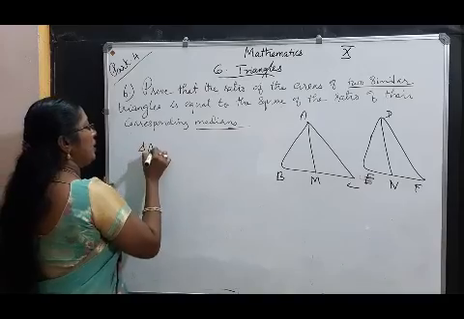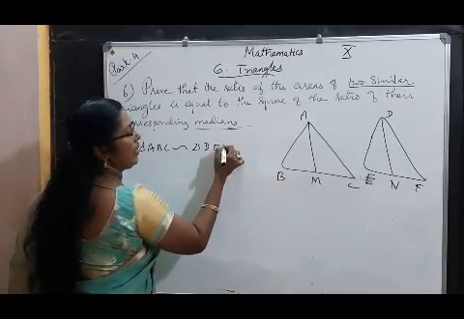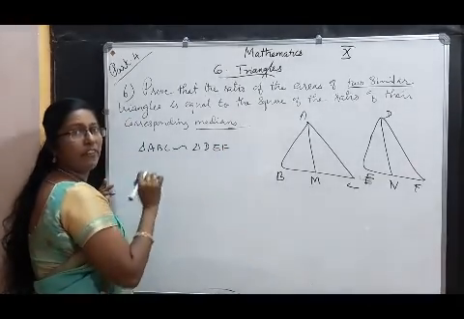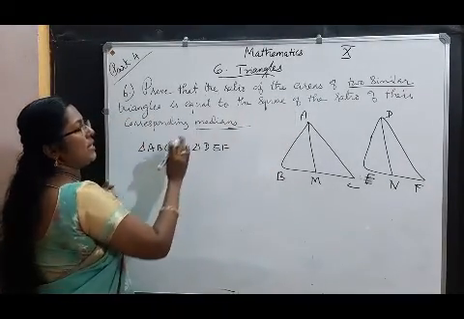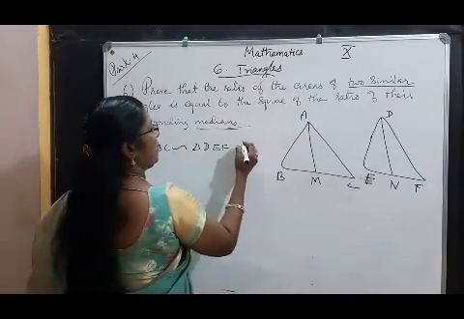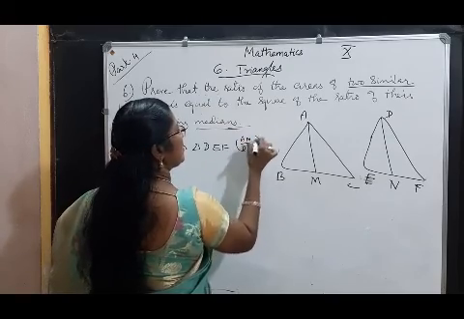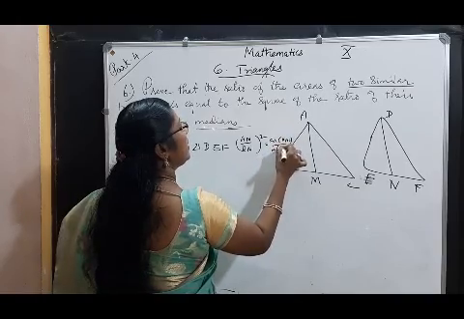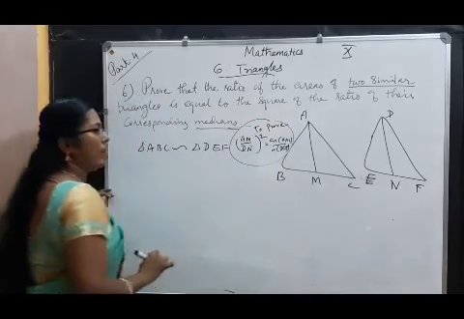Triangle ABC is similar to triangle DEF and medians AM and DN, that is given. We want to prove the ratio of the areas of two similar triangles is equal to the square of the ratios of their medians, that is, AM by DN the whole square equal to area of ABC by area of DEF. That is to prove.